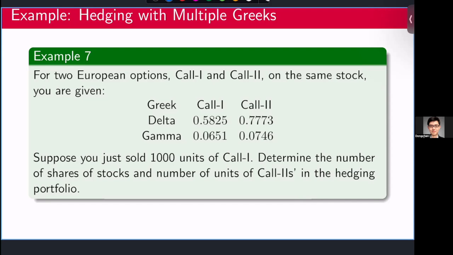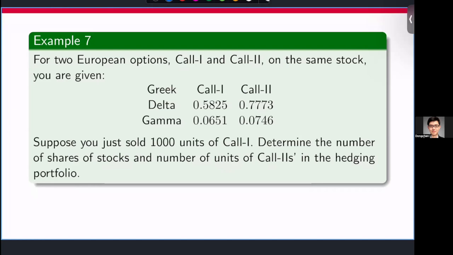Okay, so then let's do the calculation. As I mentioned, you probably want to construct a portfolio with both the stock and this call 2. So let's assume that you're going to buy X shares of stock and buy Y units of this call 2.